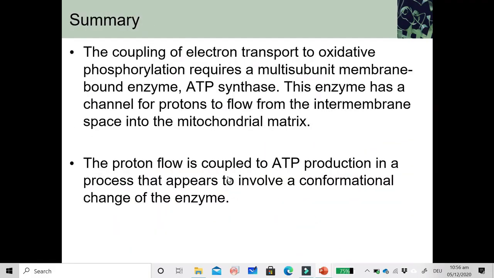The proton flow is coupled to ATP production in a process which appears to involve a conformational change of the enzyme, as I've mentioned before, and as we're going to discuss in a moment.